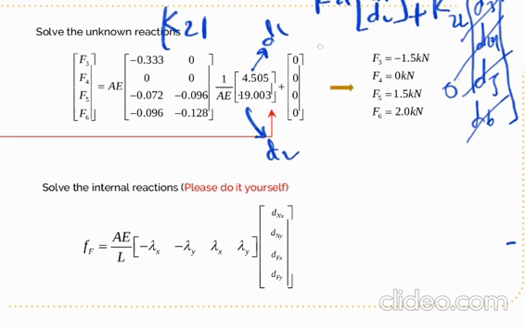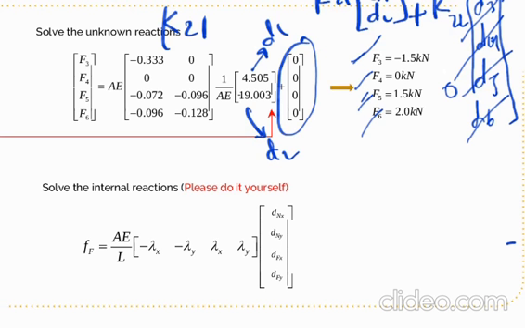So I wrote here it's 0. So now it's easy to find F3, 4, 5, and 6.